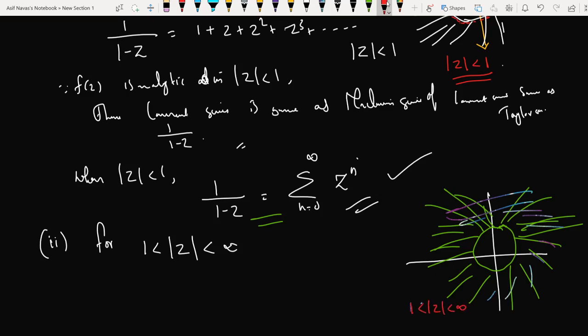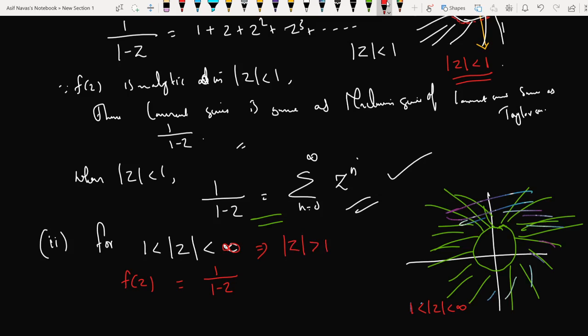Okay. Now we have f of z is equal to 1 by 1 minus z. So 1 less than mod z less than infinity means mod z greater than 1, right?